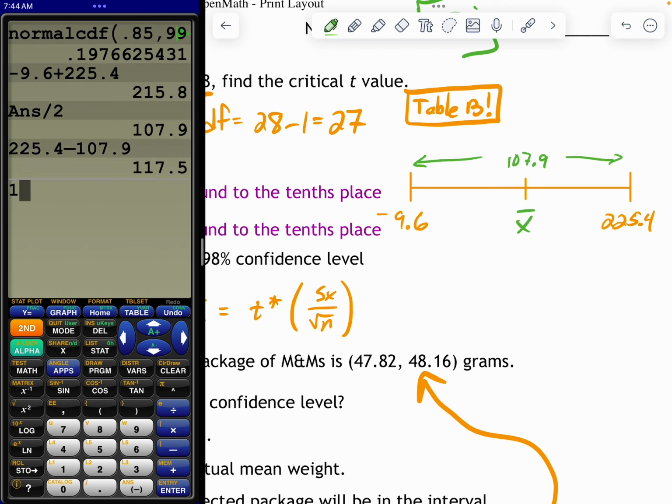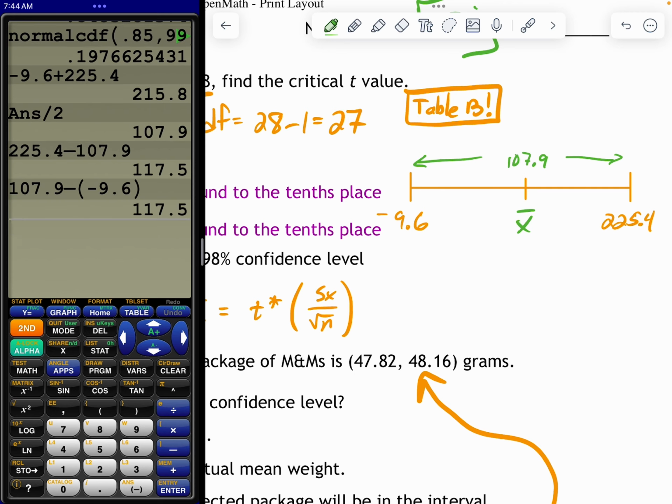I could also take the center and subtract the minimum of negative 9.6. Either way, I see that the margin of error is 107.9 in the middle, plus or minus 117.5 for the margin of error.